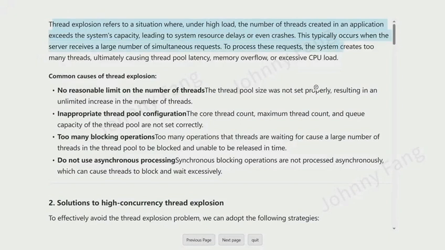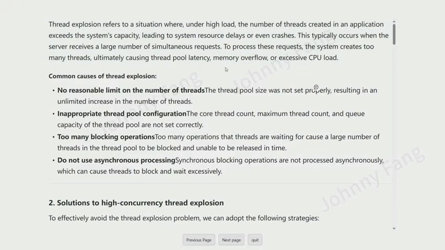First of all, what is a thread explosion? A thread explosion is when the number of threads created in an application exceeds the system's capacity under high load, causing the system to crash. This usually happens when the server receives a large number of requests at the same time.